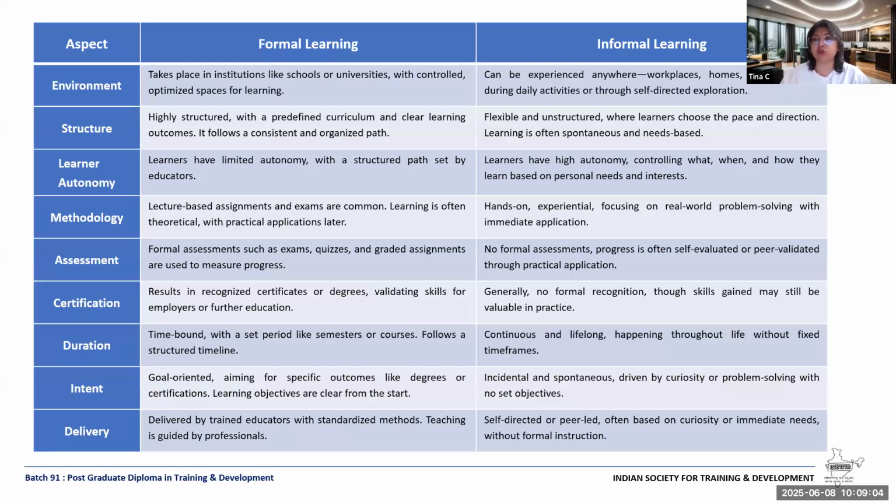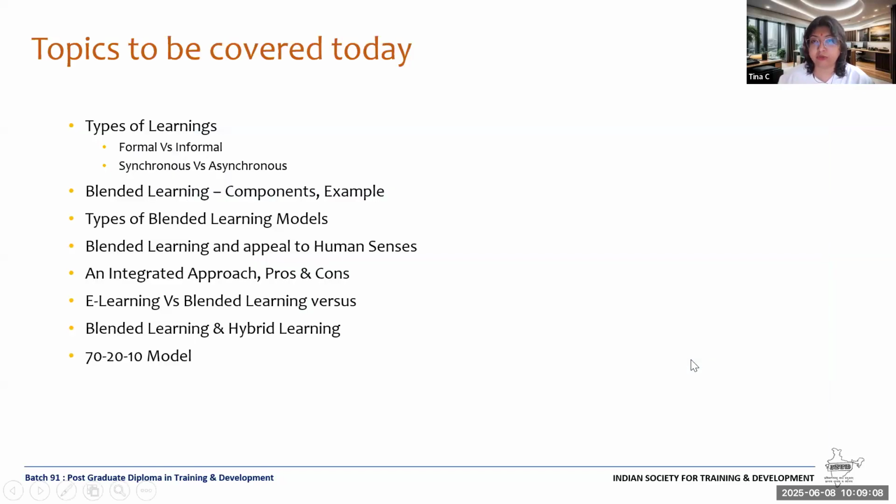First of all, before I show you this boring table, let's first understand from all of you, what do you mean by formal learning and informal learning? We are just 18 of us, so let's have some conversation. Formal can be in the structured setup like schools or colleges, proper classes, scheduled and all.